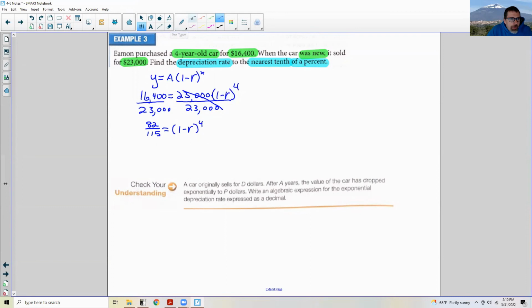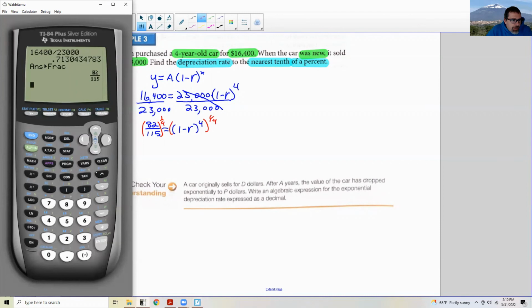So to get rid of powers of 4, I could take the 4th root, but that's the same as taking it to the power of a quarter. So if I take both sides to the power of 1/4, and I do that here, answer to the power of 0.25, enter, and hit math, enter, enter.